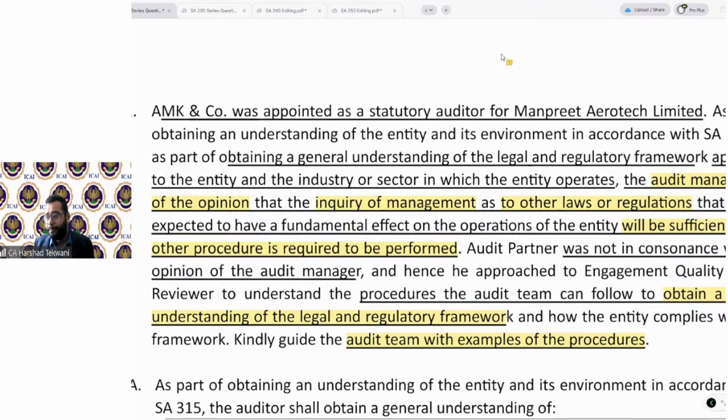Very important, guys. What procedures will you perform? Correct, Janvi?